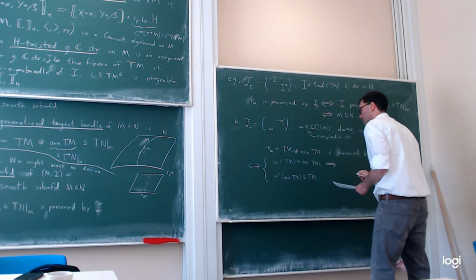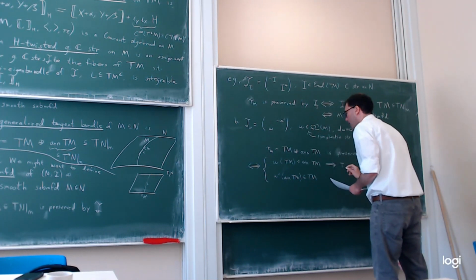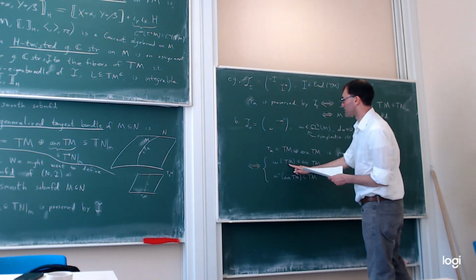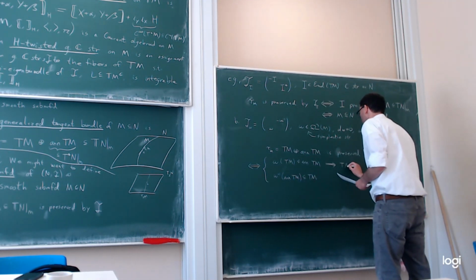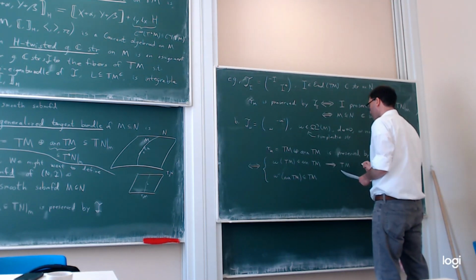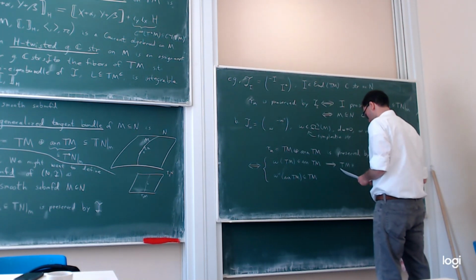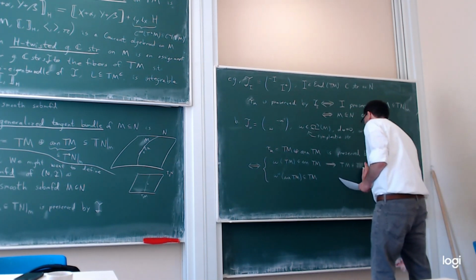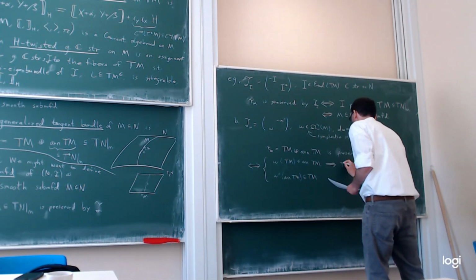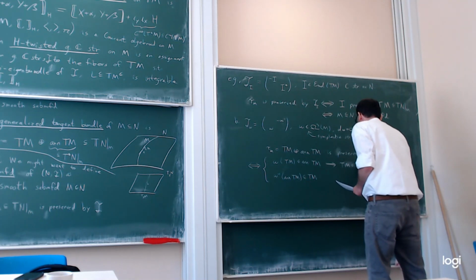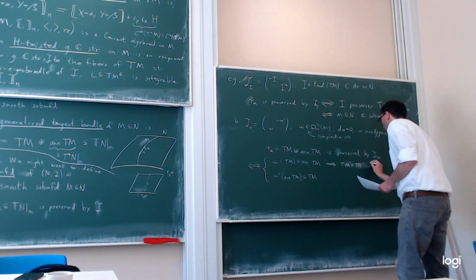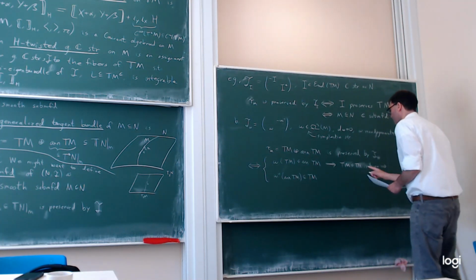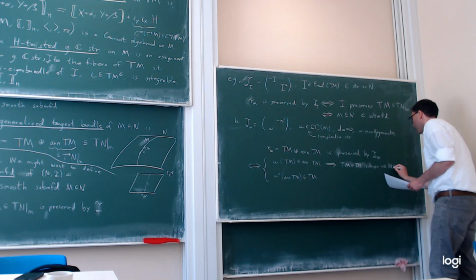So that means that omega vanishes on this subspace, which is to say that the subspace is isotropic. And this is how we define an isotropic submanifold M in N.